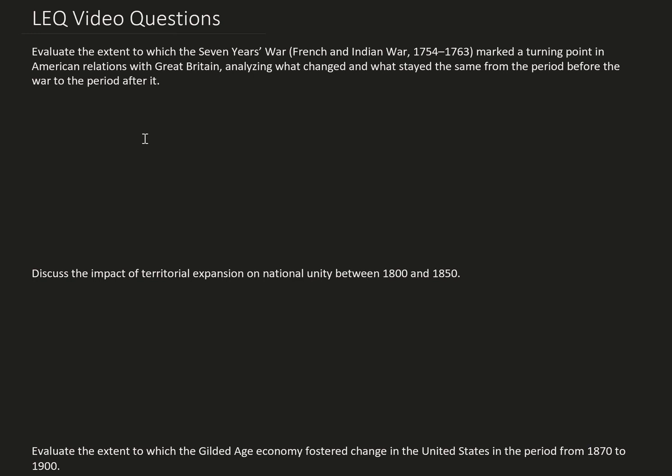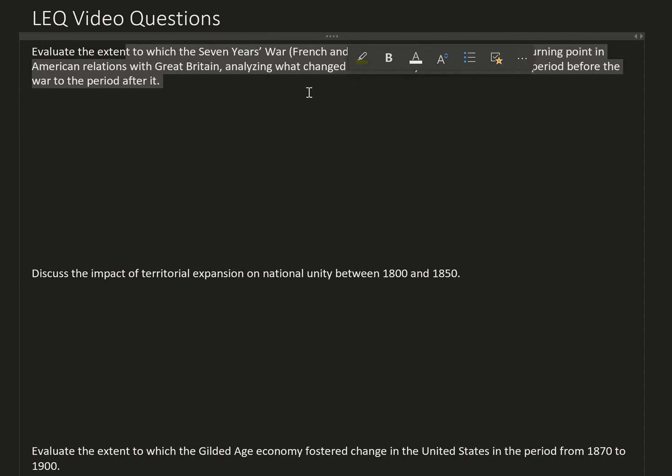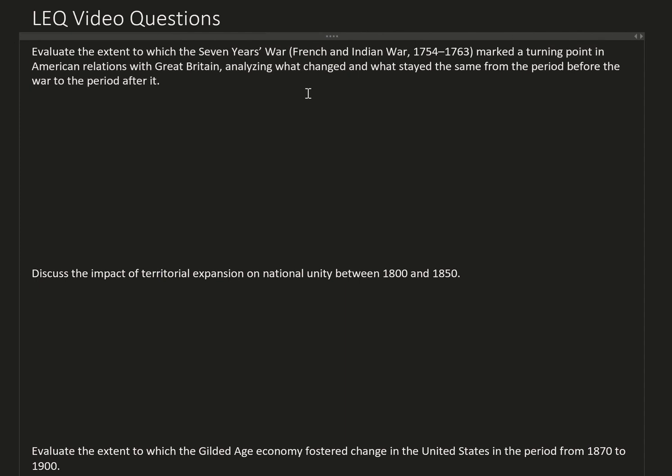So what you need to do is quickly pick which question you would like to do. I'm going to walk through some information that we could use for all 3 of these, but on the exam, you're only picking one. What I would do is think about which one you know the best, or which one you have the best ideas of how to answer, even if you maybe know more information about, say, the colonial period, but you don't necessarily know how you would answer that question right away.